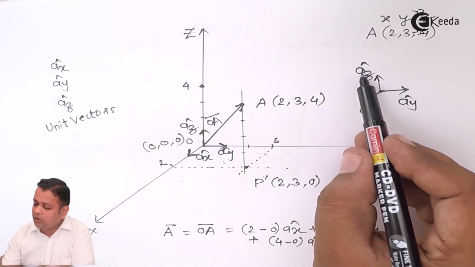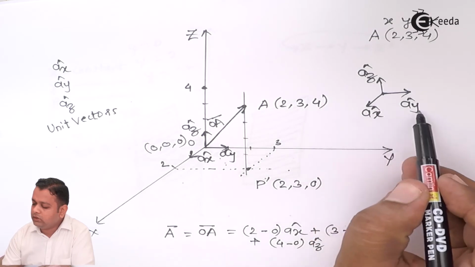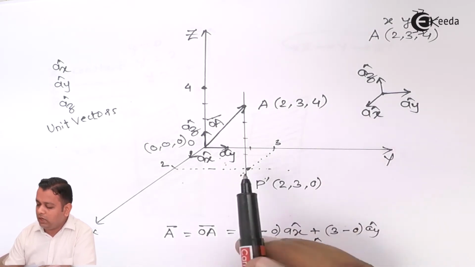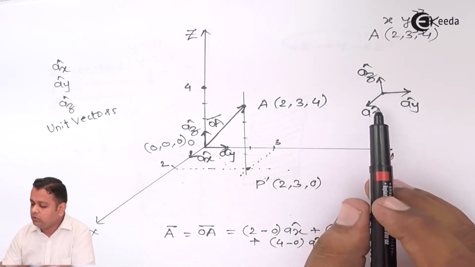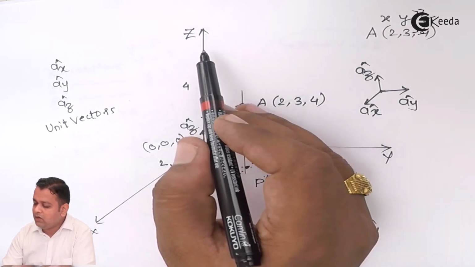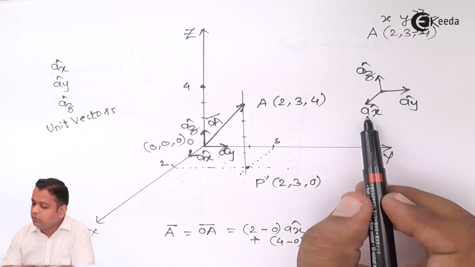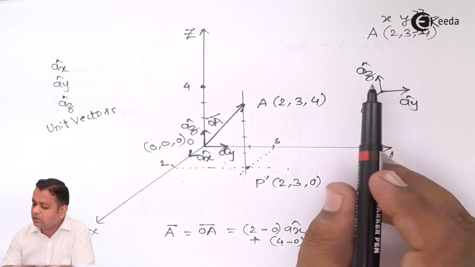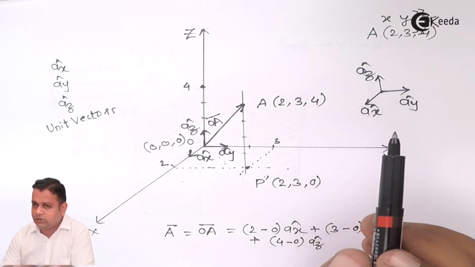Generally for unit vectors, small a is specified. The suffix gives you the particular direction of the axis, whether it may be x, y or z. And as we know that x, y and z axes are perpendicular to each other, these unit vectors ax cap, ay cap, az cap are also perpendicular to each other.